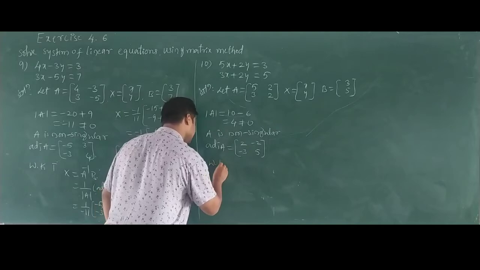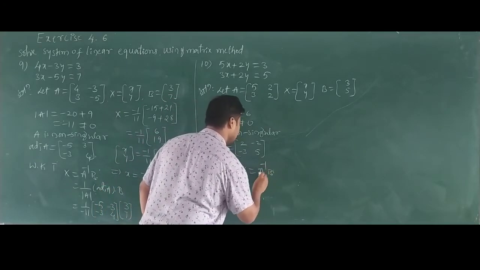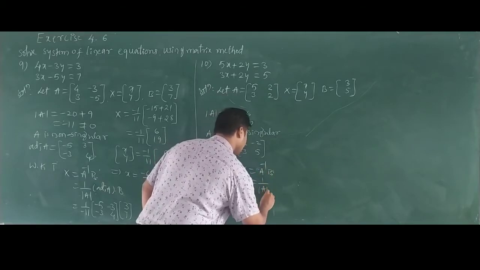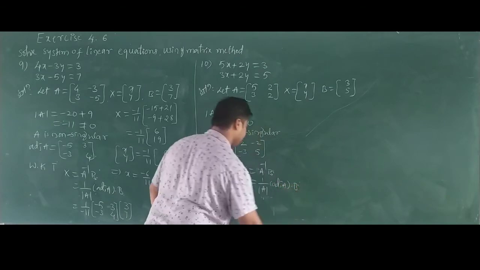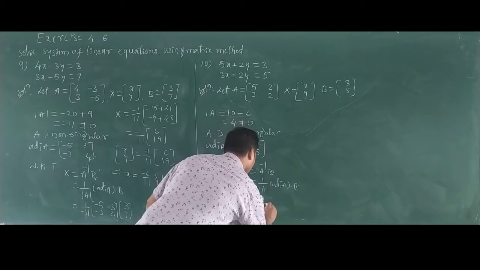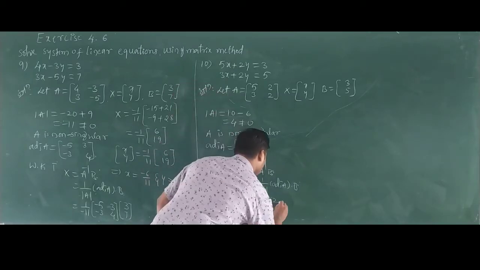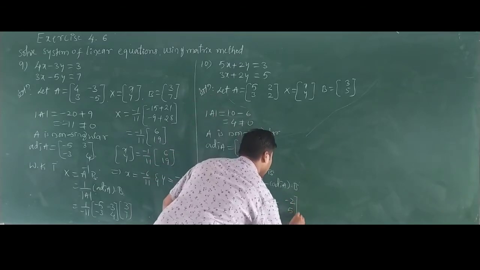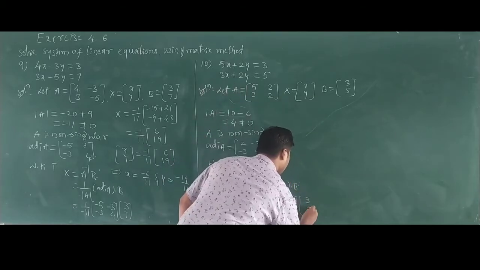We know that X equals A inverse into B. A inverse is found by 1 by determinant of A into adjoint of A. So 1 by 4 into adjoint of A, that is [2, -2; -3, 5], into B. B value is 3, 5.